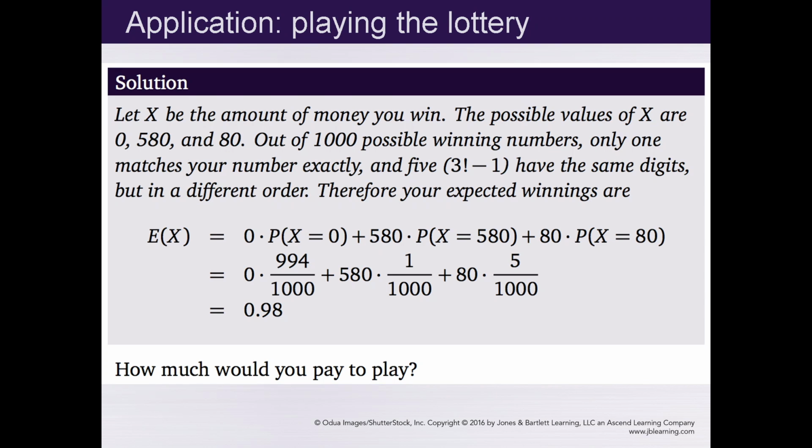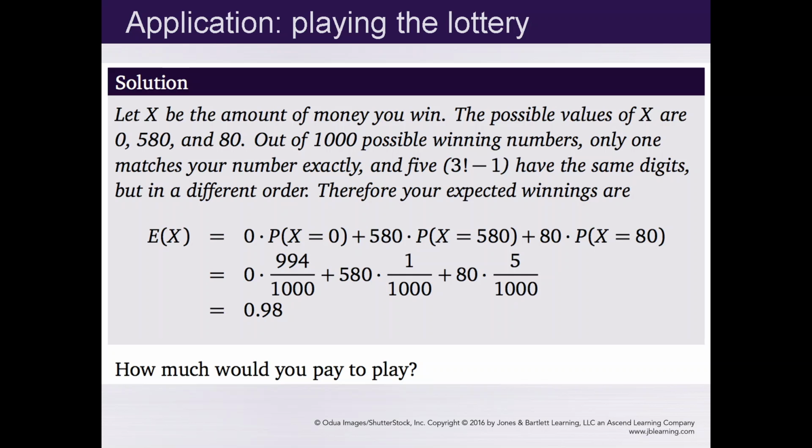Okay, so the possible outcomes, possible values, are 0, 580, and 80. You can win nothing, you can win $580, you can win $80. There's 1,000 possible winning numbers because it's 000 to 999. Only one matches your number exactly, and 5 have the same digits. Why is that? Well, how many ways can you arrange 3 numbers? That's 3 factorial, that'd be 6, but the winning number, that's in a separate pot, right?